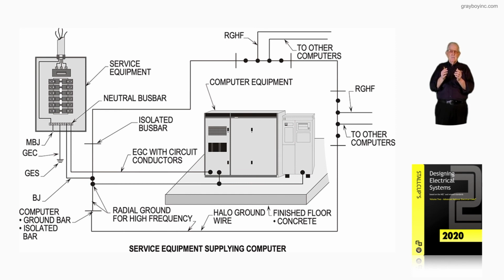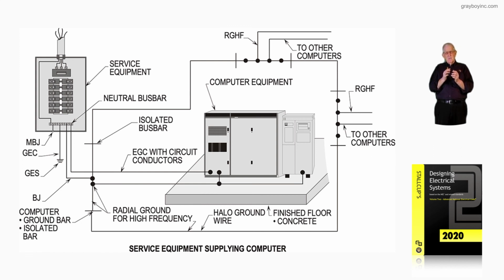But remember, to use Article 645, it must be determined that it is a computer room as outlined in 645. If that's not the case, if just one item in the definition of a computer room is missing, it's not a computer room, and you must remember that.